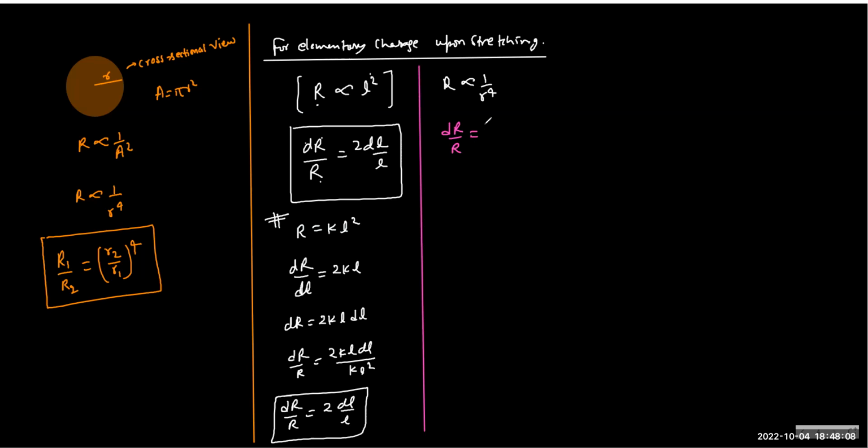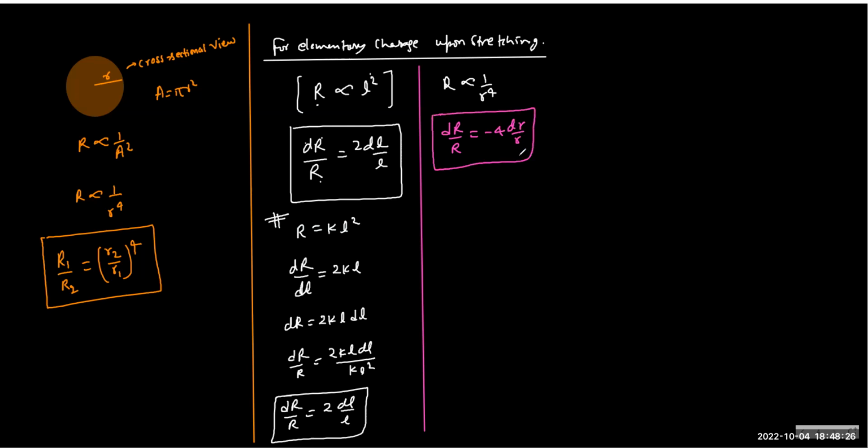So similarly, can you tell me what will be the answer? dR by R will be how much? The fractional change in the capital R is equal to -4 times the fractional change dr by r in the radius, right?